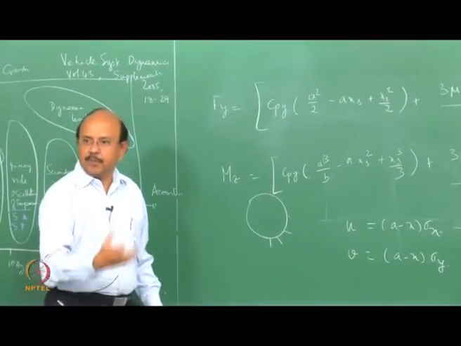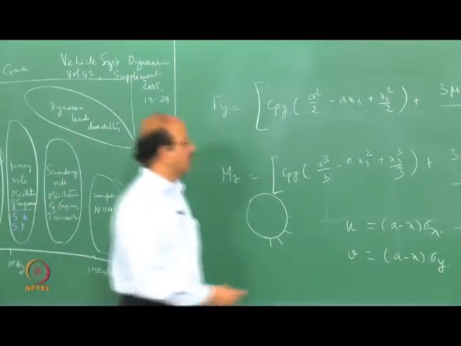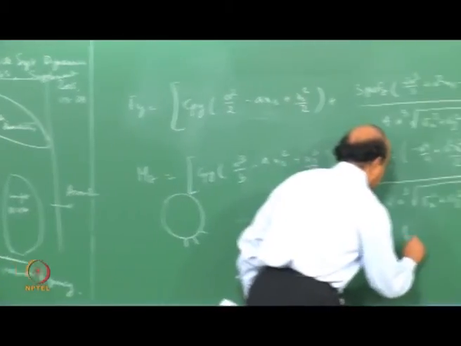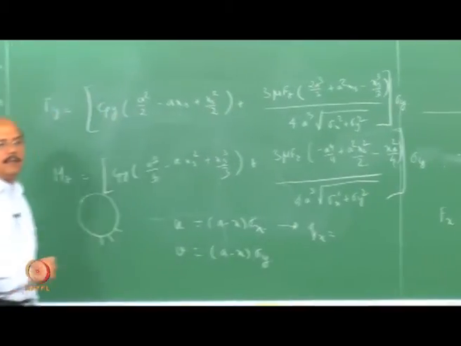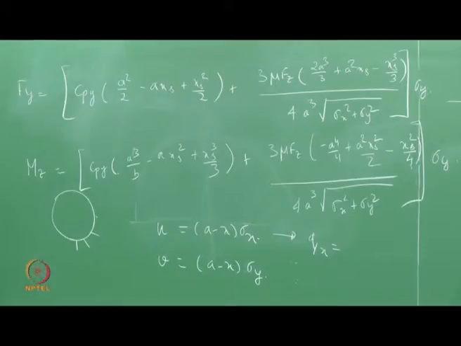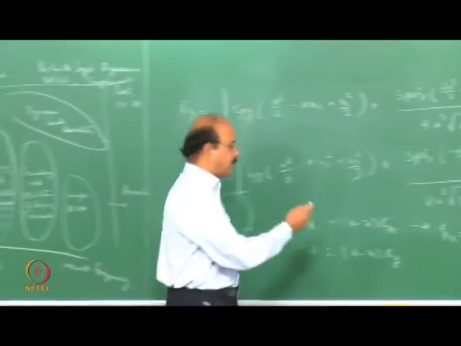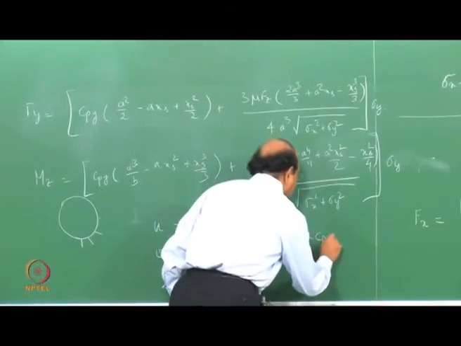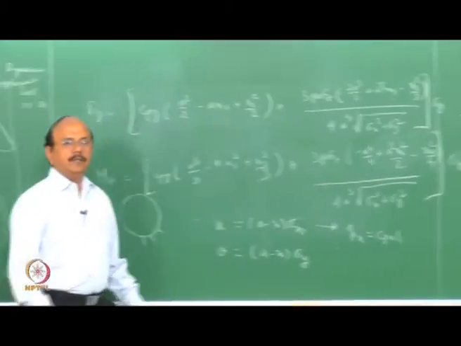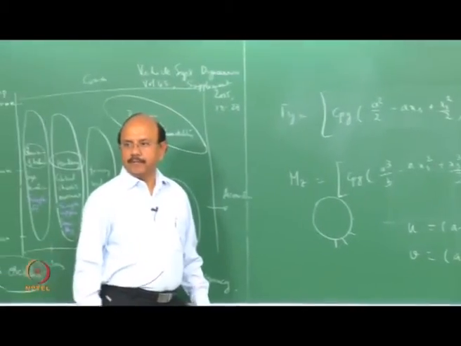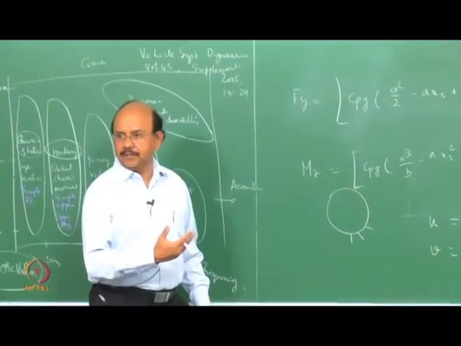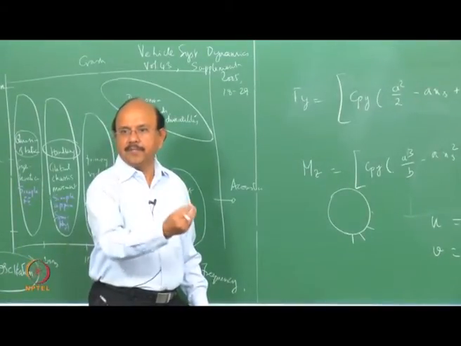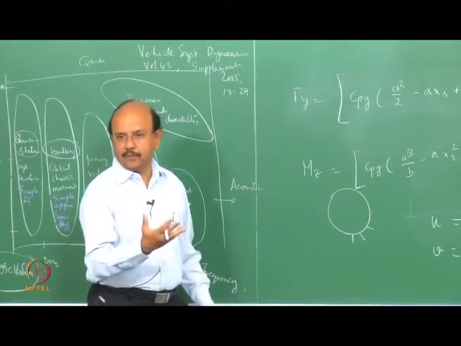This displacement would result in a force which I would call qx, and the force is because of this displacement multiplied by the stiffness Cpx in the x direction. Displacement multiplied by the stiffness per unit length gives you the force per unit length.